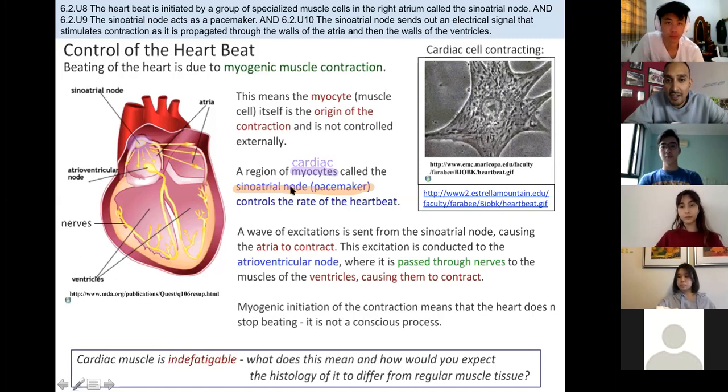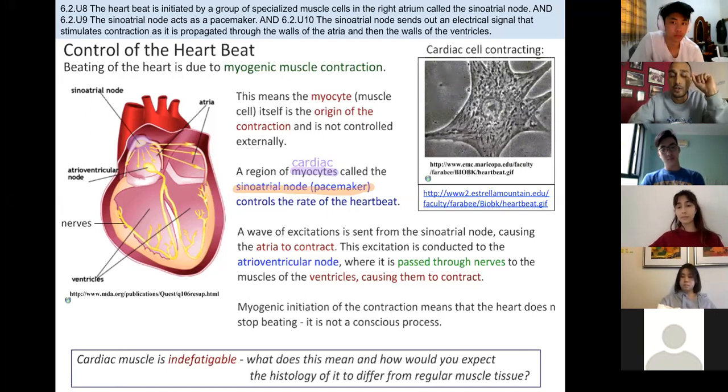And where we find this sinoatrial node, meaning one small region, is in the upper part of the right atrium. So on the right-hand side, there's this bundle of myocytes, these special muscle cells called the sinoatrial node.